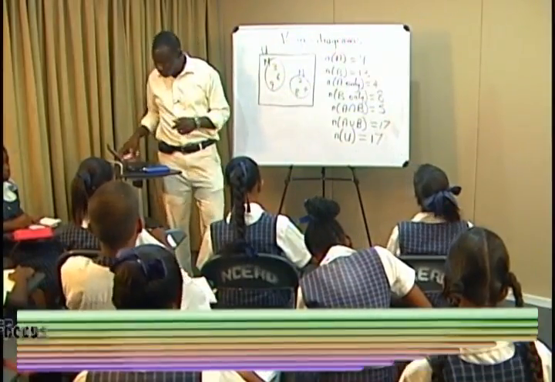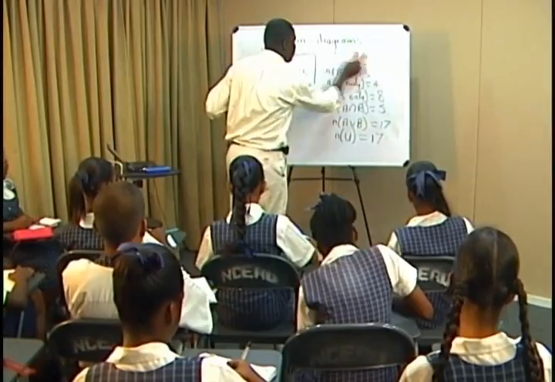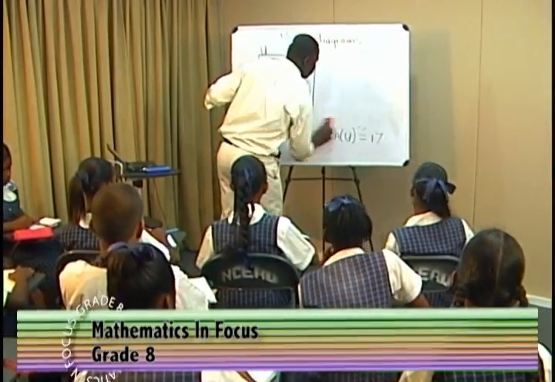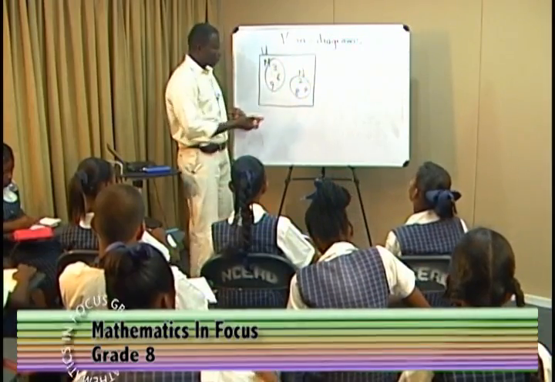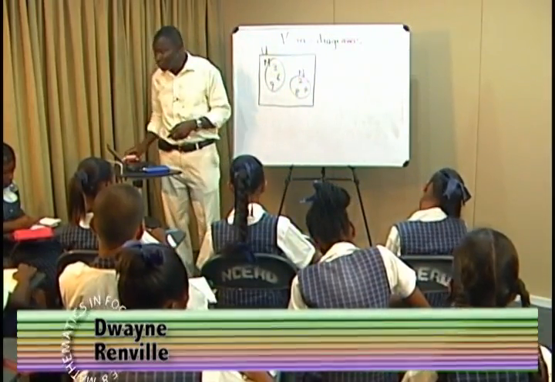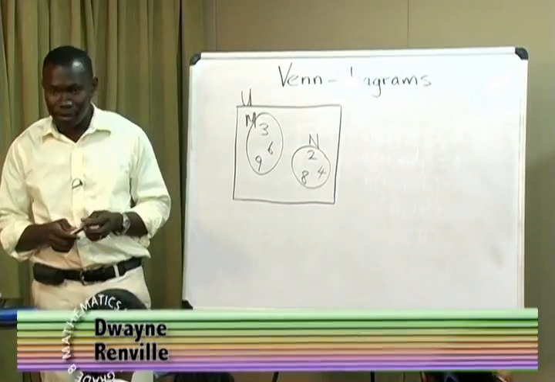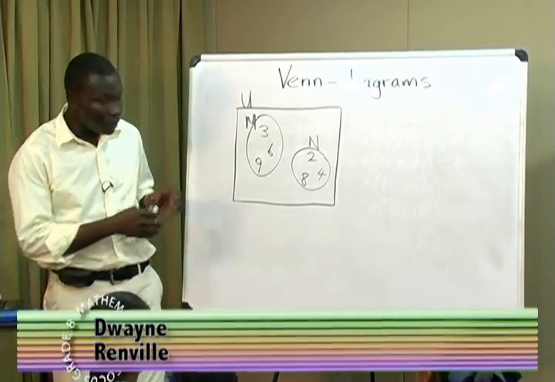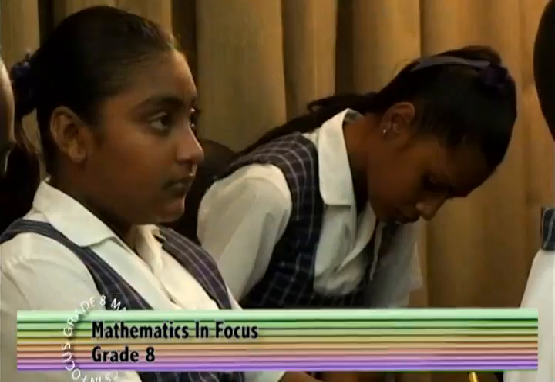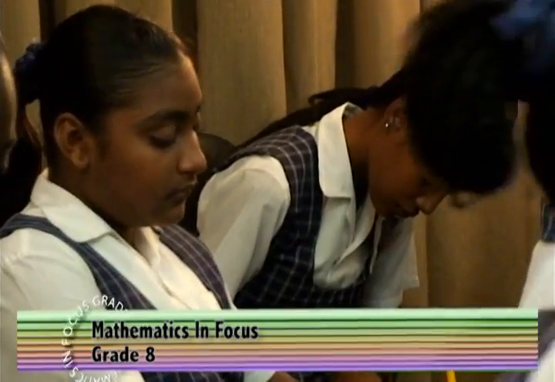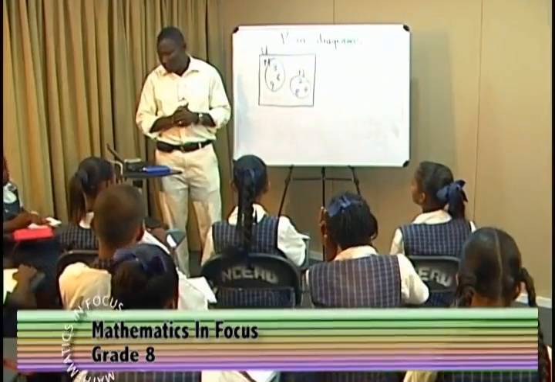Observe this new diagram on the board here. Another universal set with two subsets. The subsets are slightly different to what we did in the previous example. And we have some questions.